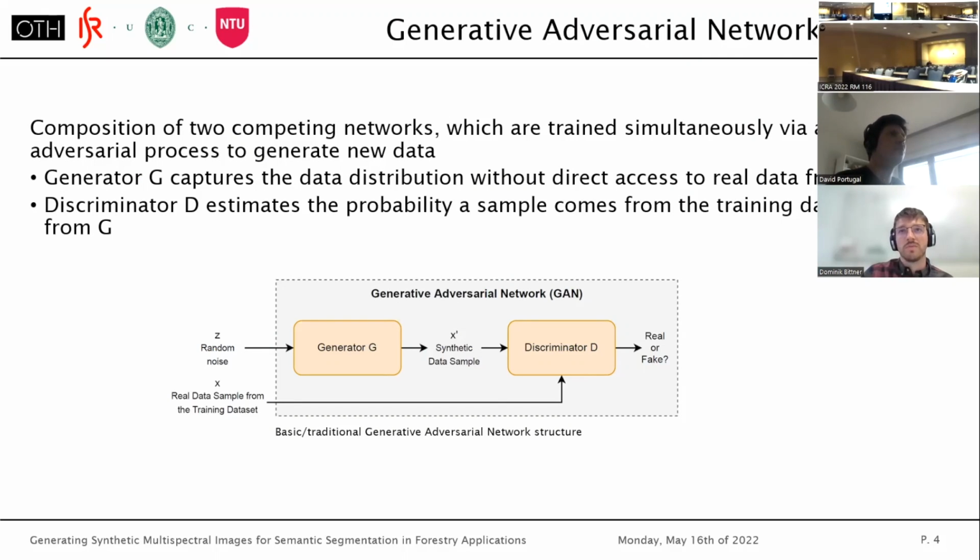These are the composition of two competing networks which are trained simultaneously by an adversarial process to generate new data, where the generator G captures the data distribution without direct access to real data from X, while the discriminator D estimates the probability a sample comes from the training data X or from the generator G. In that case, the generator learns how to replicate the given data from X by interacting with the discriminator D. By feeding random noise Z and potentially other inputs into generator G, the GAN is capable of producing a wide variety of data derived from the target distribution for data augmentation.